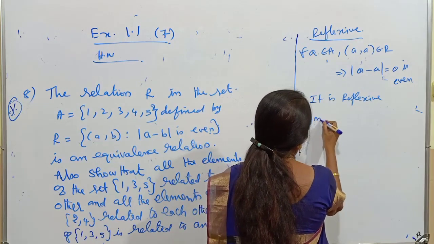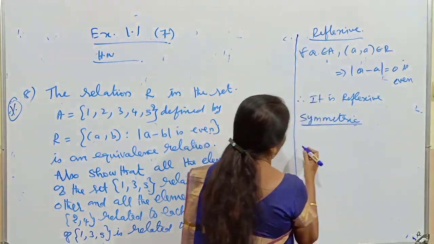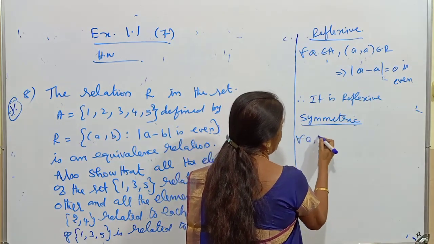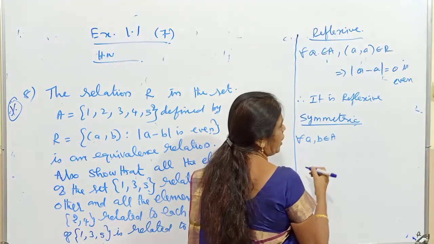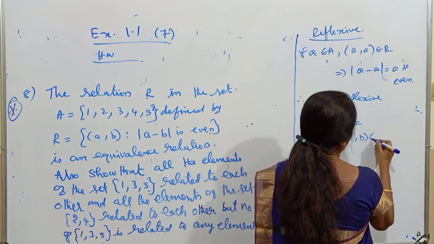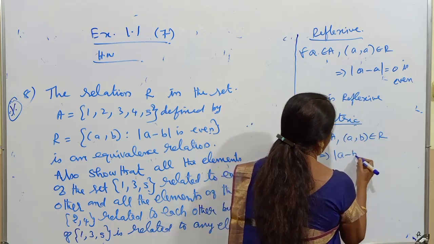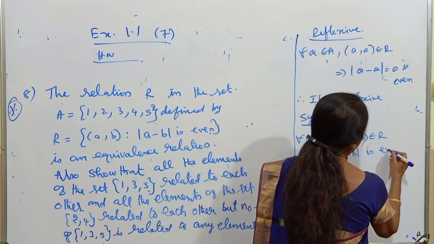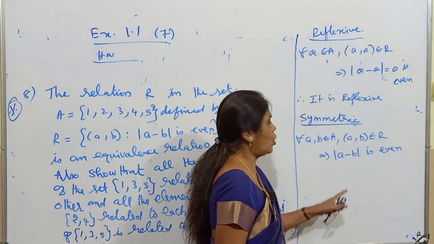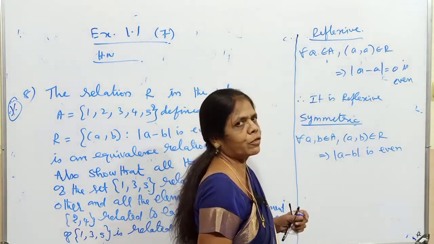Now, how are we writing symmetric? Listen carefully. Follow the steps carefully. For all a, b belongs to the set A, (a, b) belongs to R implies modulus of a minus b is even. So, modulus of a minus b, suppose you have 4 here, plus or minus 4 is also even.